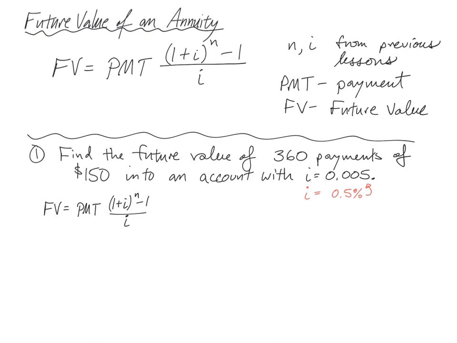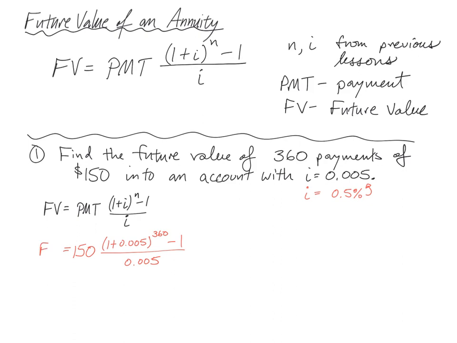So we can figure out the future value by substituting 150 in for PMT, the payment. We can then substitute 0.005 in for i. 360 is the total number of payments made, minus 1, all over 0.005.